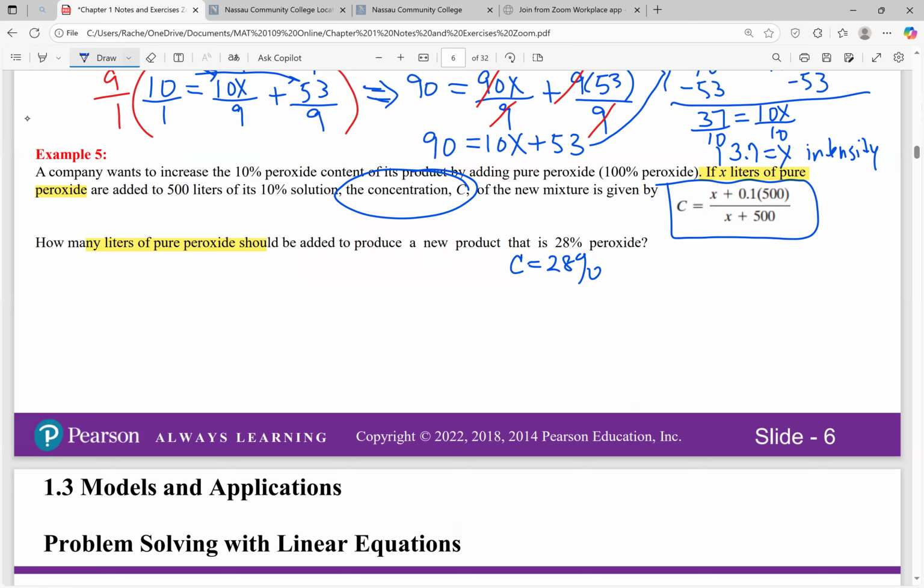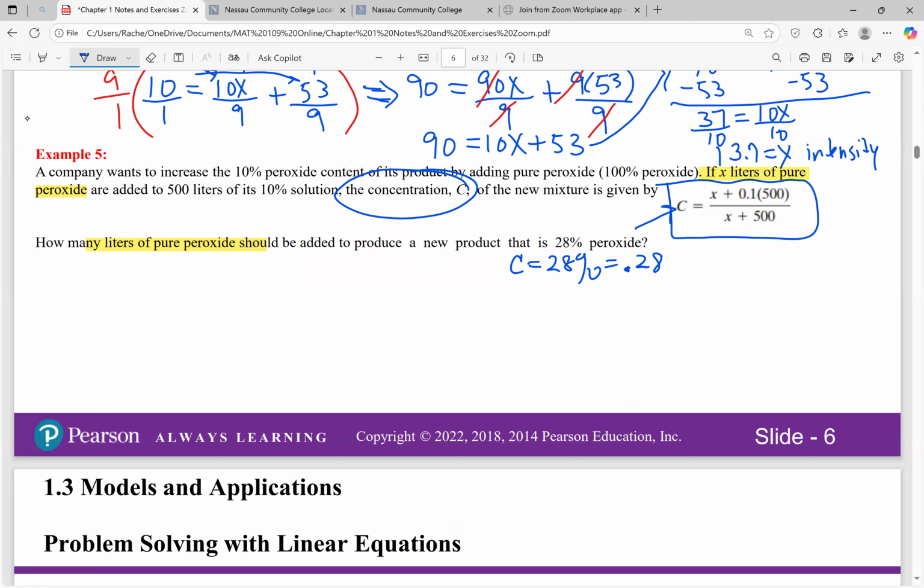So we're going to replace C in the formula with 28%. But anytime we're working with percentages in an equation, unless it's stated otherwise, we have to convert it to a decimal number. So 28% is the same thing as 0.28, right? We drop the percent sign and we move the decimal to the left 2 spots.